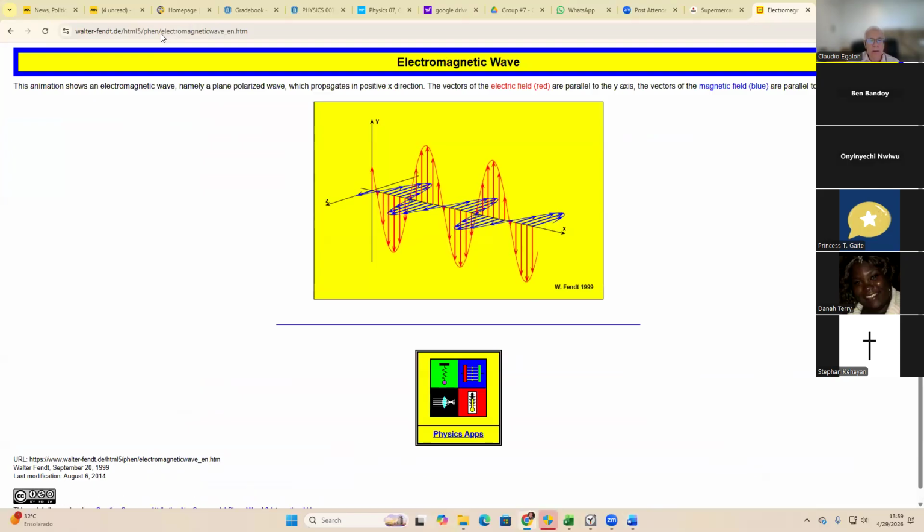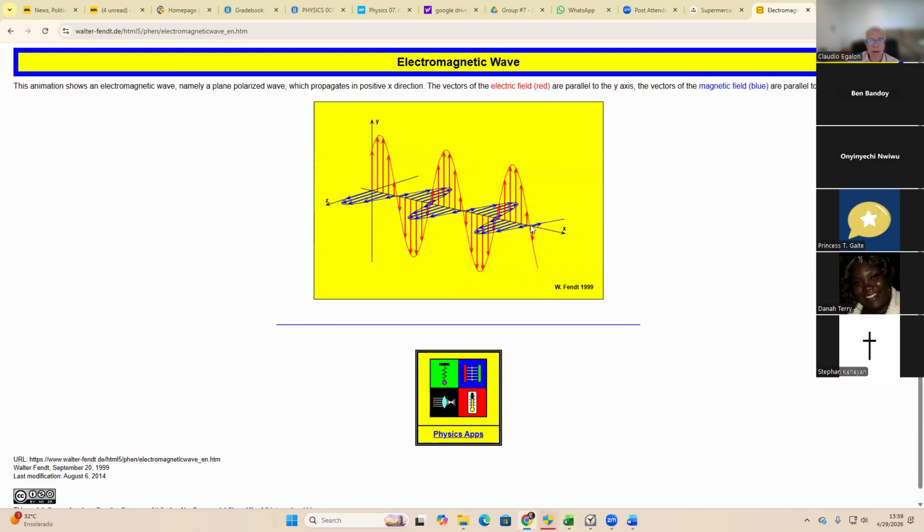Yeah, okay, here you go. That's how that wave looks. The electric field changes in a sinusoidal fashion, and it's moving in the forward direction.